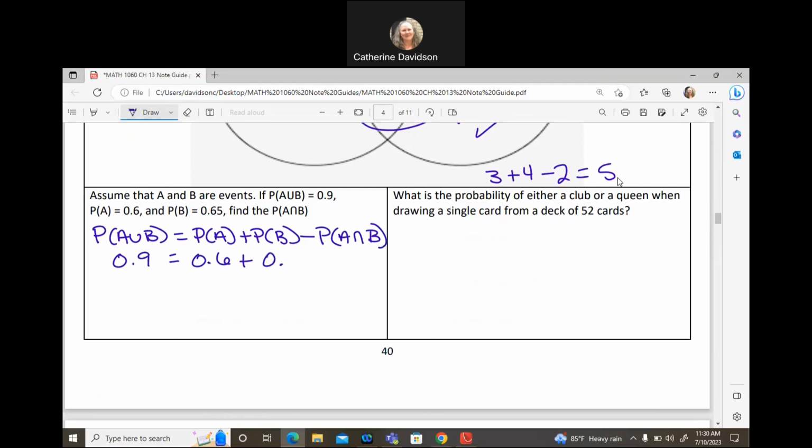B is 0.65. And then we need to find A union B. So this is what we're looking for. So I'm just going to put an X. From here, you can use your algebra skills to solve this. You can use the numerical solve if you're familiar with that calculator.